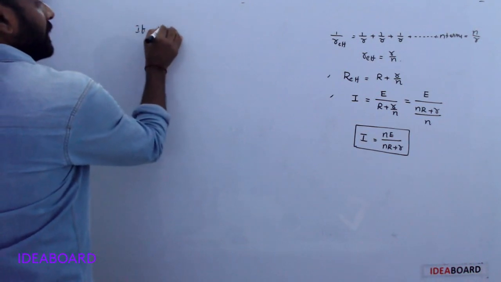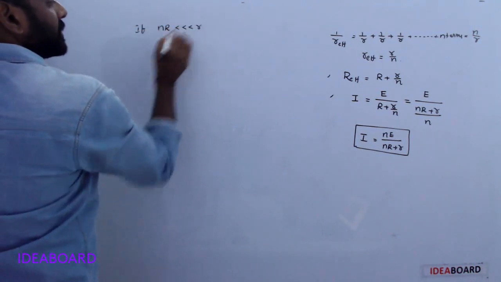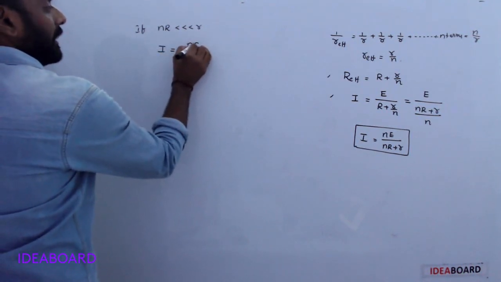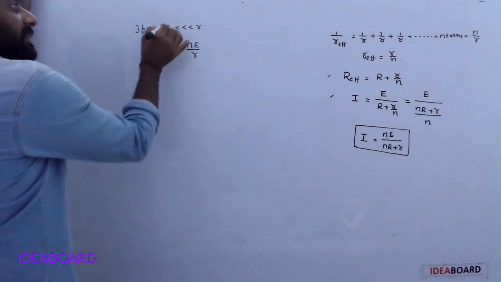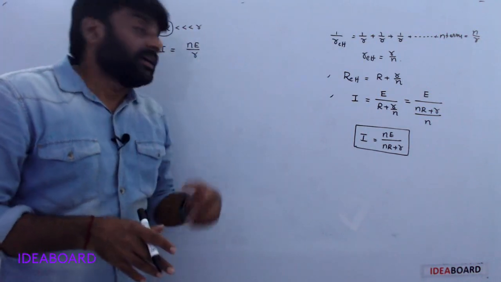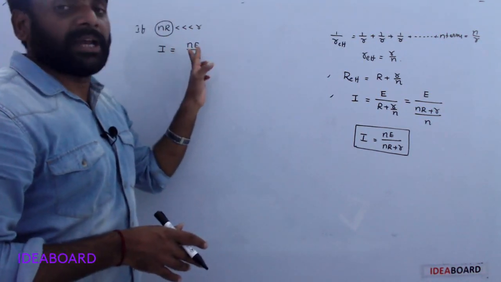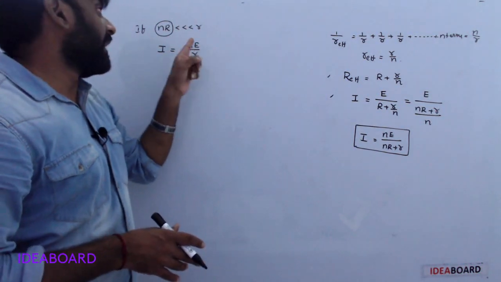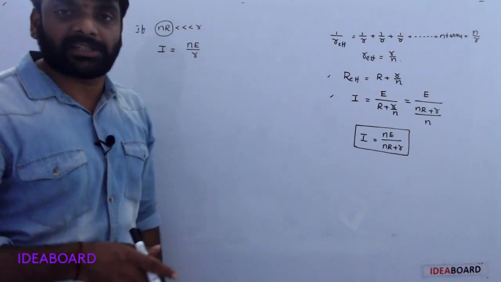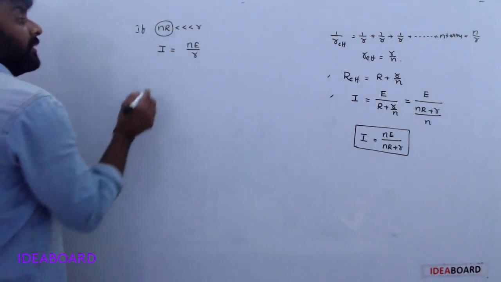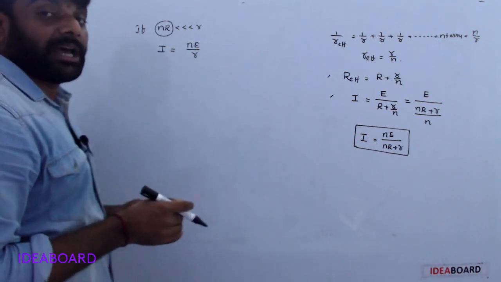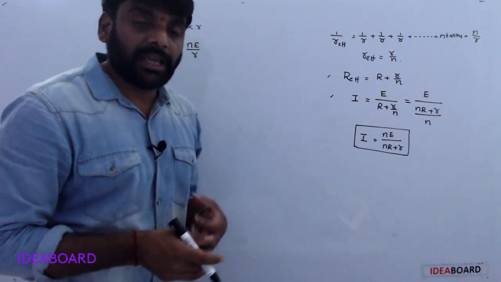If N R is very much less than the small r, in that case I is equal to N E by small r, because the N R term is neglected. That means the maximum current is obtained when the internal resistance is large and the external resistance is negligible. In this case the current is N times the current due to an individual cell.